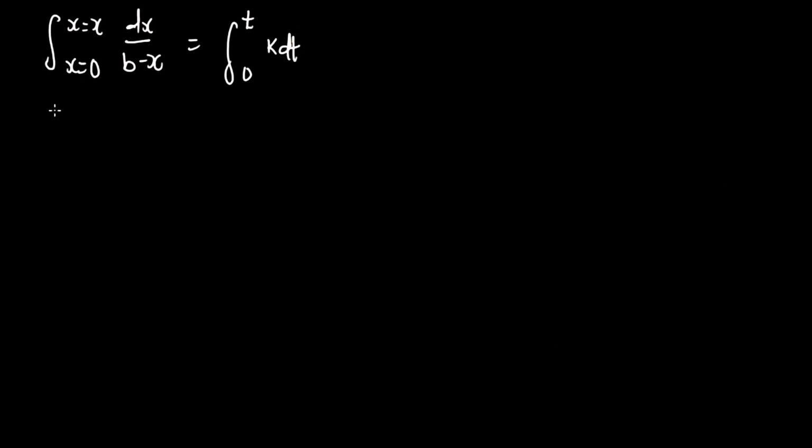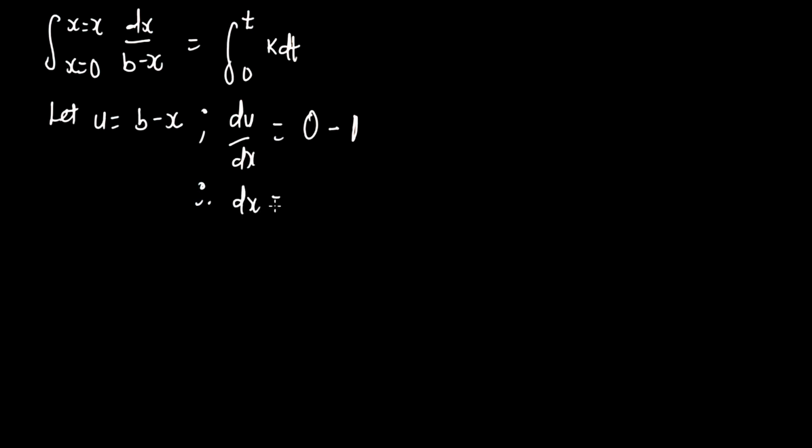So let u equals B minus x, and therefore du/dx equals 0 minus 1. So we can say that dx equals negative du. So now with x from 0 to x, we have negative integral of 1 over u du.